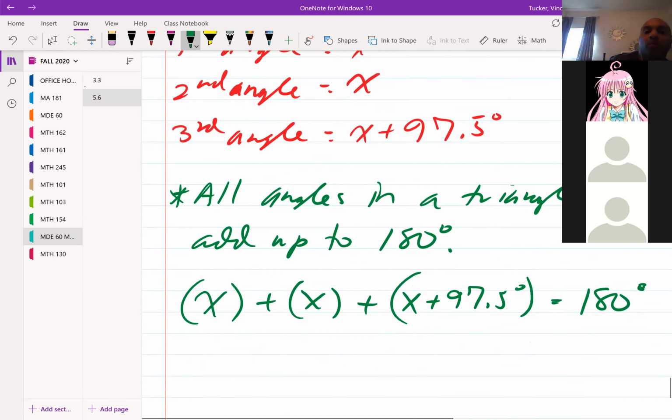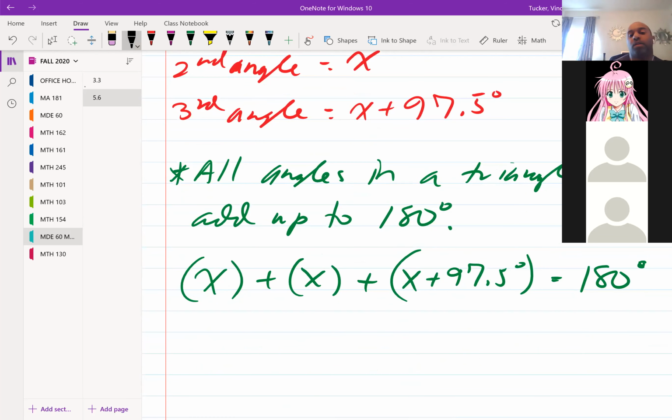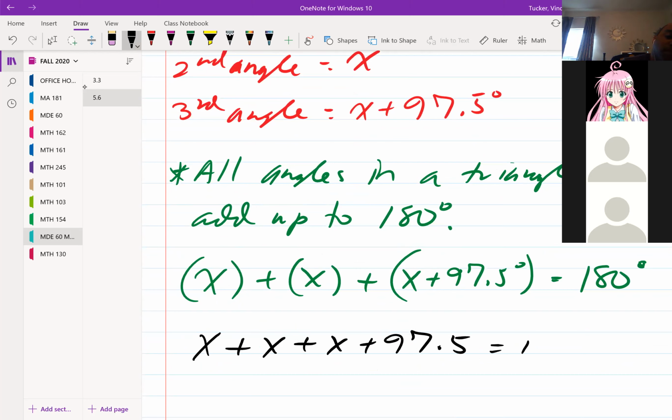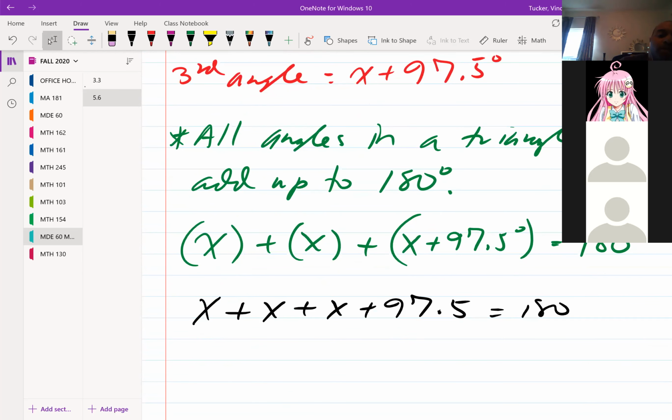All right, so now before we solve, questions on the setup? All right, so we can go ahead and solve now. Combine our like terms. 3x plus 97.5 is equal to 180.